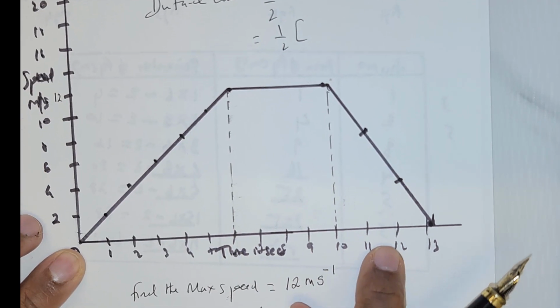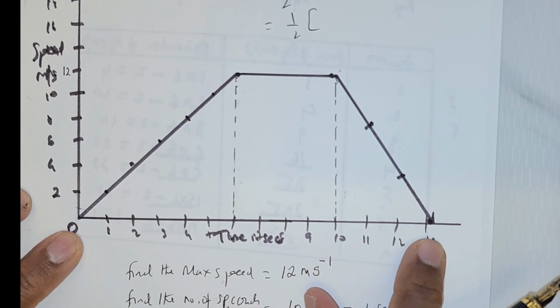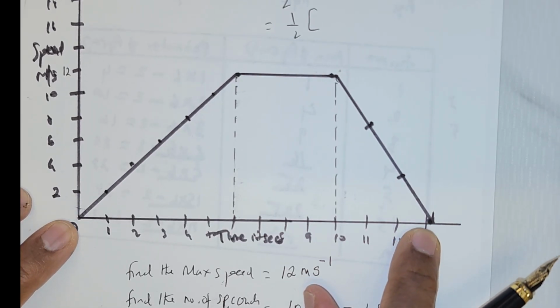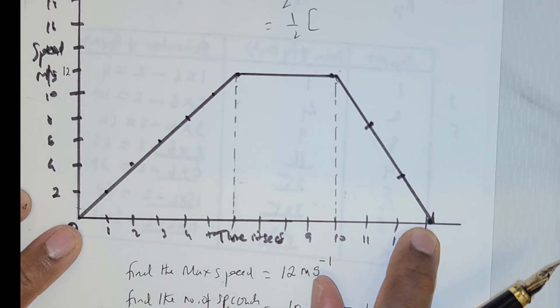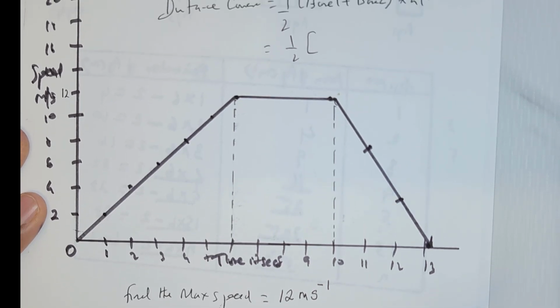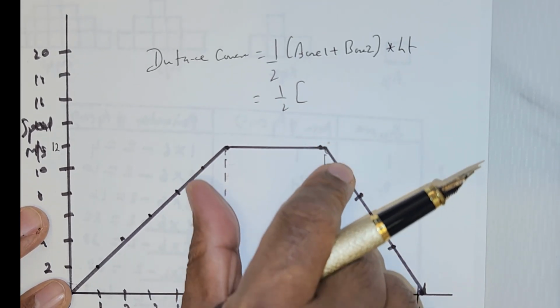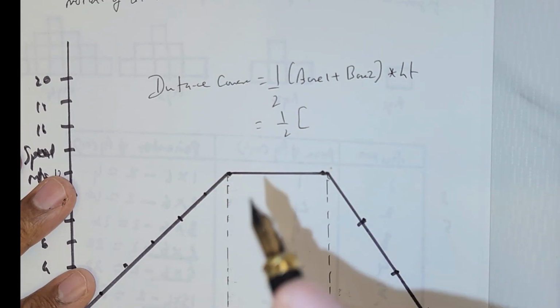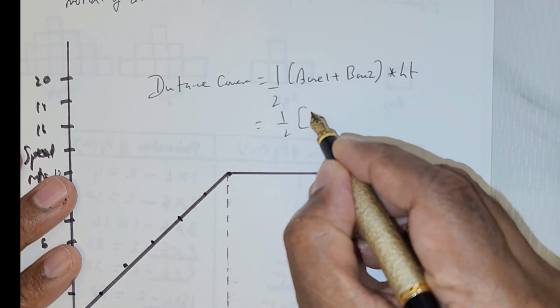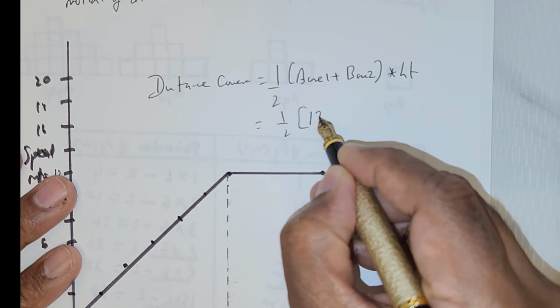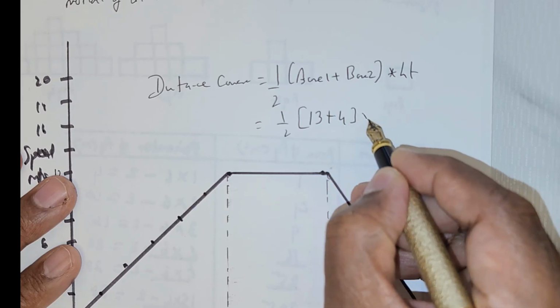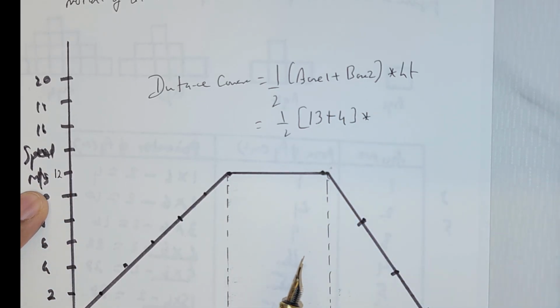So this length is actually stretching to 13, and this is 4 units in length. So this is going to be half times 13 plus 4 multiplied with the height.